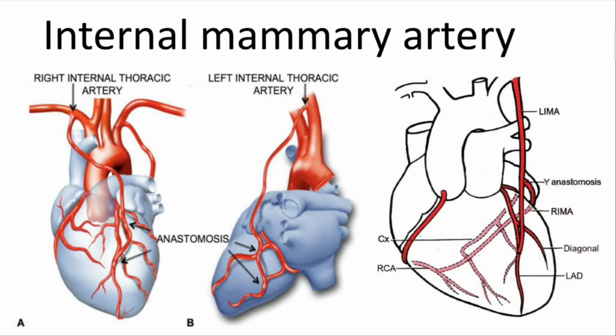The walls of these arteries contain only elastic tissue, and the cells of the endothelial lining secrete some chemicals which prevent atherosclerosis. And the left internal mammary artery is preferred over the right because it is easier to access it.